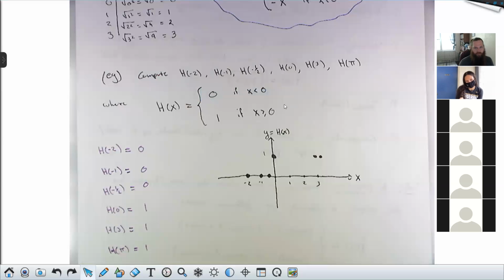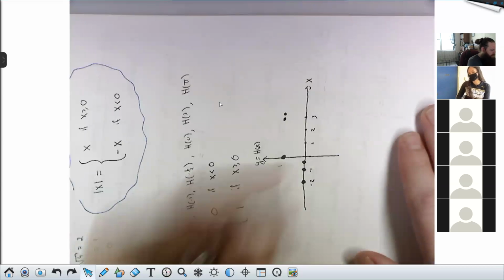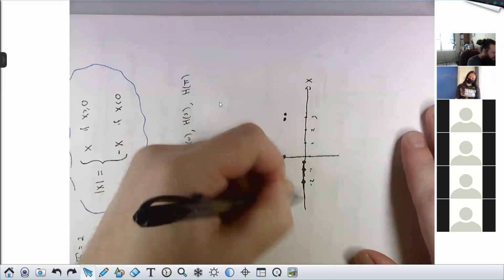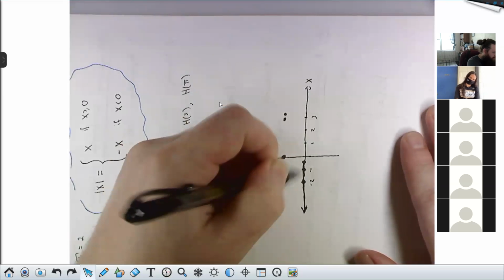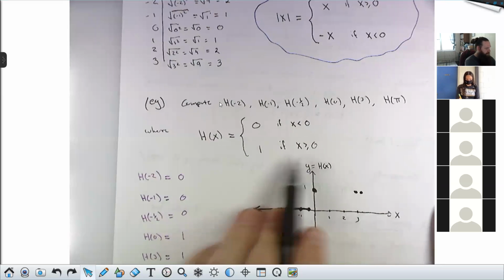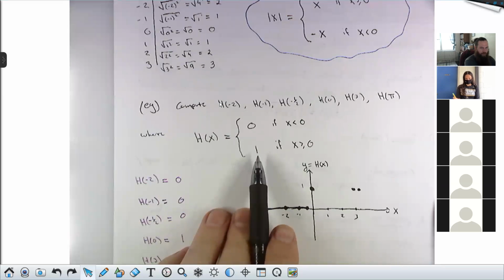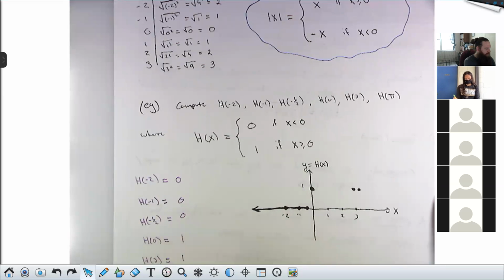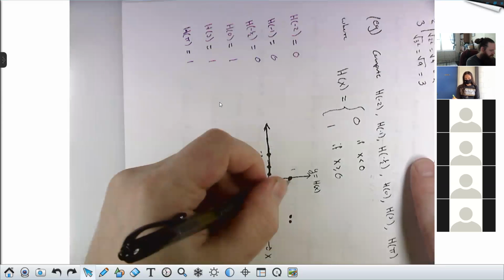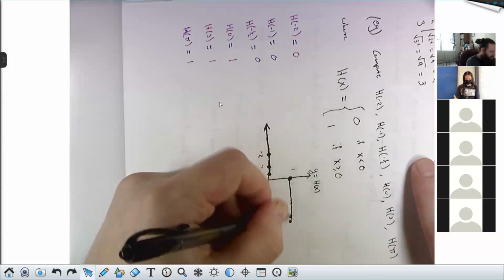If x is less than 0, it's equal to the constant function 0. So the whole graph over here looks like this. And if x is greater than or equal to 0, it's the constant function 1, like the line y equals 1, which is a horizontal line looking like this.